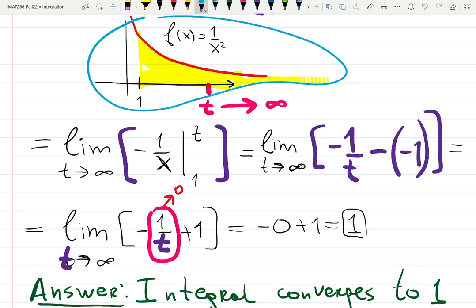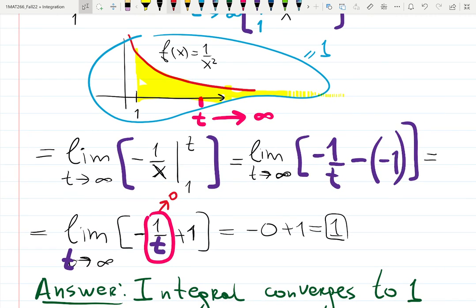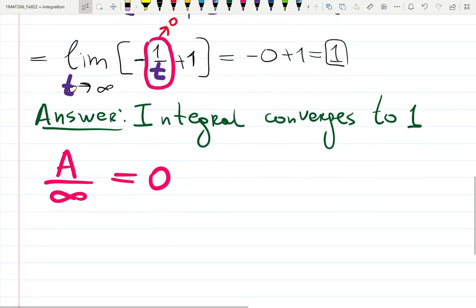No matter how much we keep adding, something at the very end will be so tiny that it will not make a difference anymore. So the total number is 1. 1 unit, 1 meter, 1 whatever, kilometer, pounds, and so on. Does that make sense? It's very interesting and new for a human being to imagine that something infinitely accumulating converges to 1. That's a pretty cool idea. That's a new idea for us.